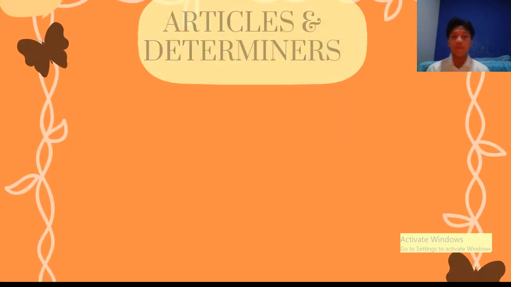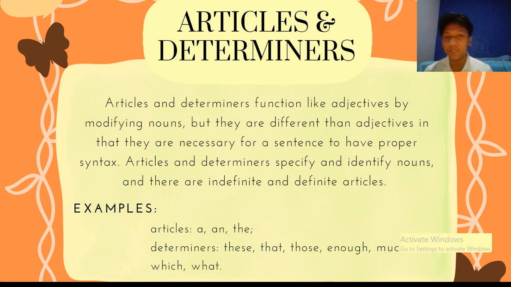Right, moving on to articles and determiners. Articles and determiners function like adjectives by modifying nouns, but they are different than adjectives in that they are necessary for a sentence to have proper syntax.